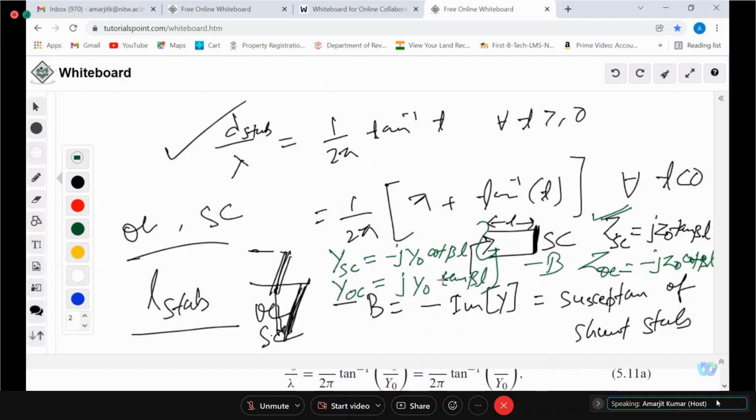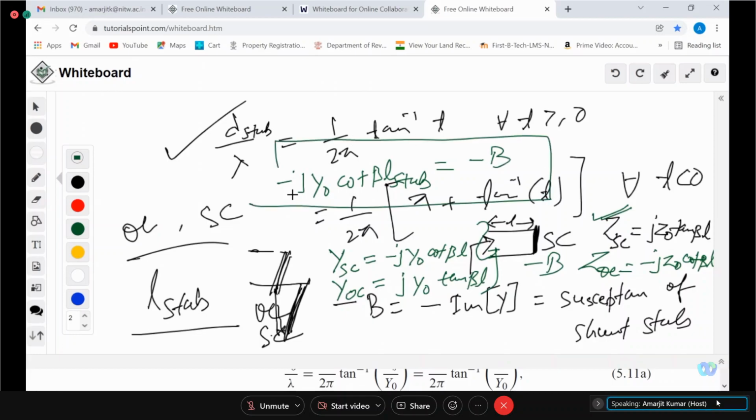Suppose you use a short shunt stub. In that case, what will happen? Minus j Y0 cot beta L, where L is the length of the stub which we need to calculate, is equal to minus jB. Can you solve this to find L stub?